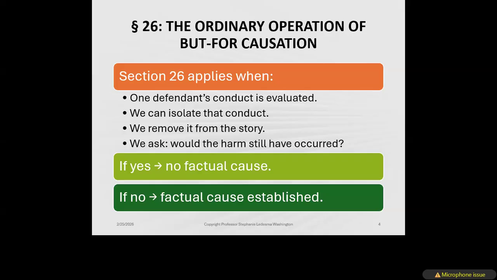If the harm still would have occurred without the negligence of the defendant, we do not have factual cause. We do not have a causal link between the negligence of the defendant and the plaintiff's injury.